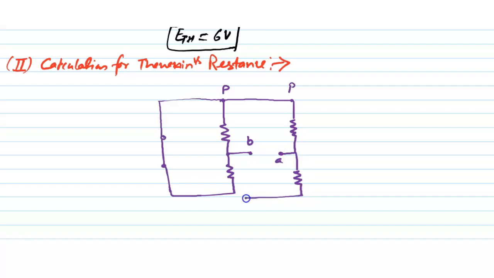This resistance is R1, this is R2, this is R3, and this is R4.